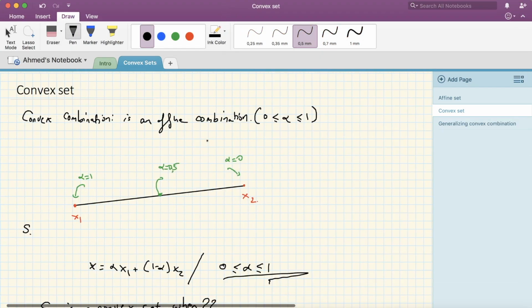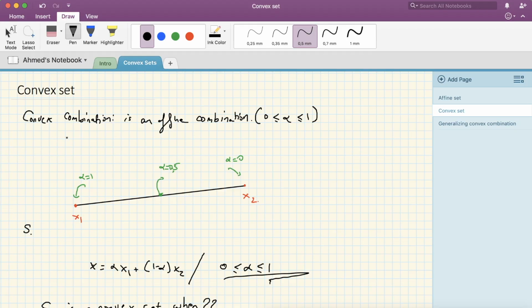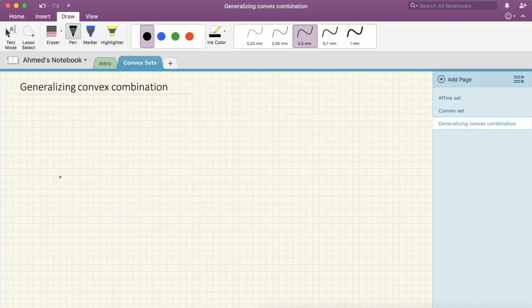To define a convex set, we said that a convex combination is the following combination between 2 points. But you can also generalize that. When you see convex combination in the literature, it doesn't only indicate that it's a combination for 2 points. It also applies to multiple points.